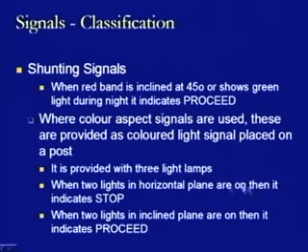That is, when it is in the ON condition, it is indicating stop because the lights are horizontal, whereas if the lights are in the inclined plane, then it will be indicating the proceed condition. So, we have to look at the on and off conditions of the lights.